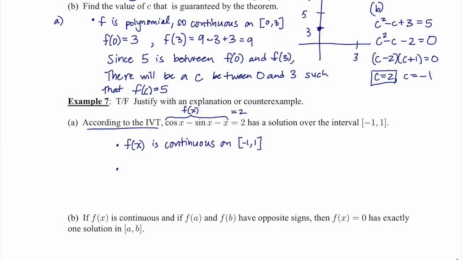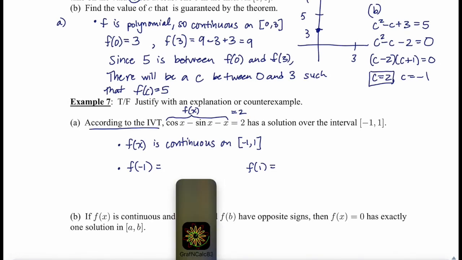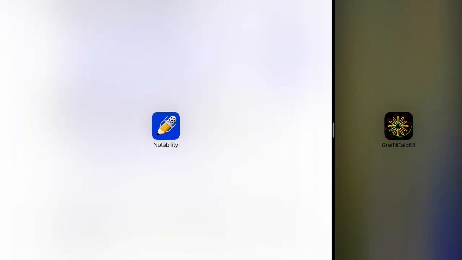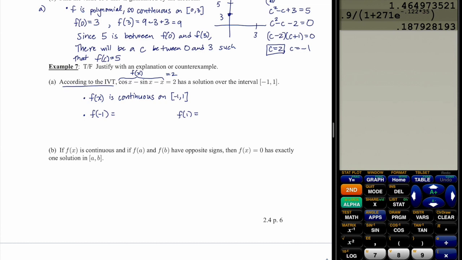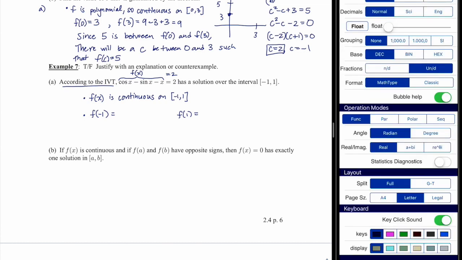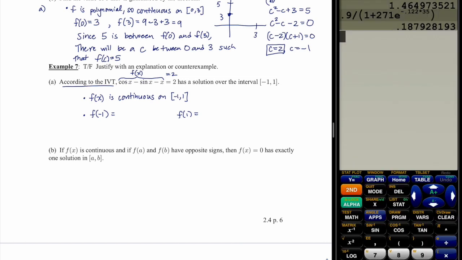And so let's just check what f of 1 is and what f of -1 is. Those are not going to be familiar values, so I'm going to just grab a calculator. I don't want to graph these, I just want to know what the function values are. So I'm going to make sure I'm in radian mode. Yep, looks good.